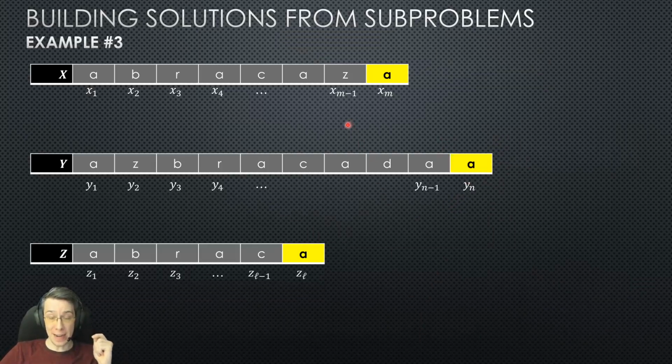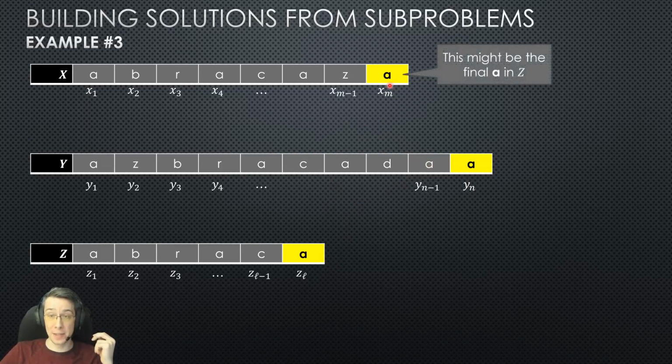And for a final case, we saw neither last letter of x or y matches the last letter of z. We saw one of the last letters of x and y match the last letter of z. Let's see both of the last letters of x and y match the last letter of z. So in this case, this last letter of x might be the final a in z, or maybe one of these earlier a's. But we can't chop this off because we might need it.